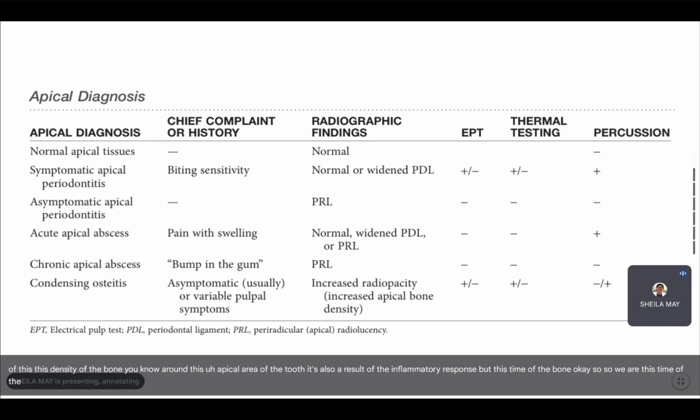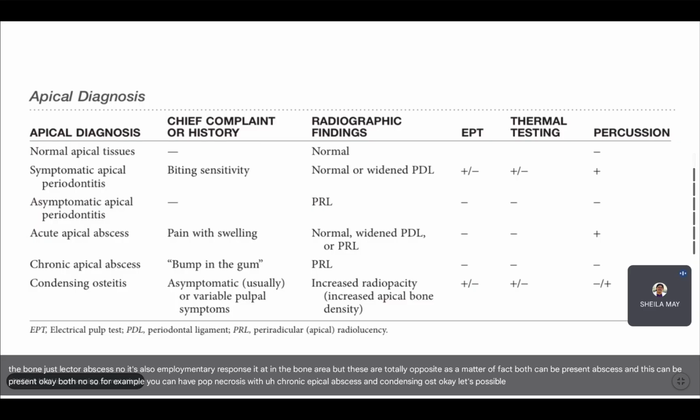Just like your abscess, it's also an inflammatory response in the bone area. But these are totally opposite, di ba? As a matter of fact, both can be present. Abscess and condensing osteitis can be present. For example, you can have pulp necrosis with chronic apical abscess and condensing osteitis.